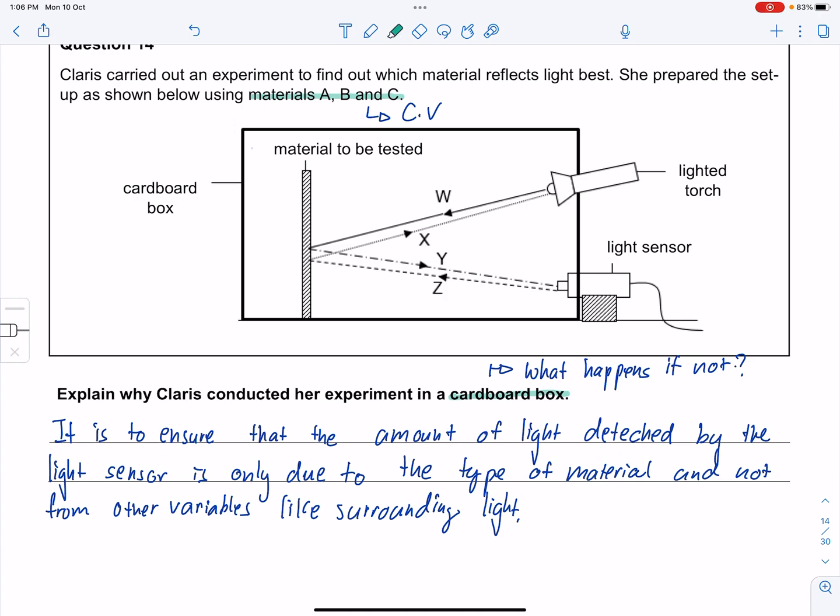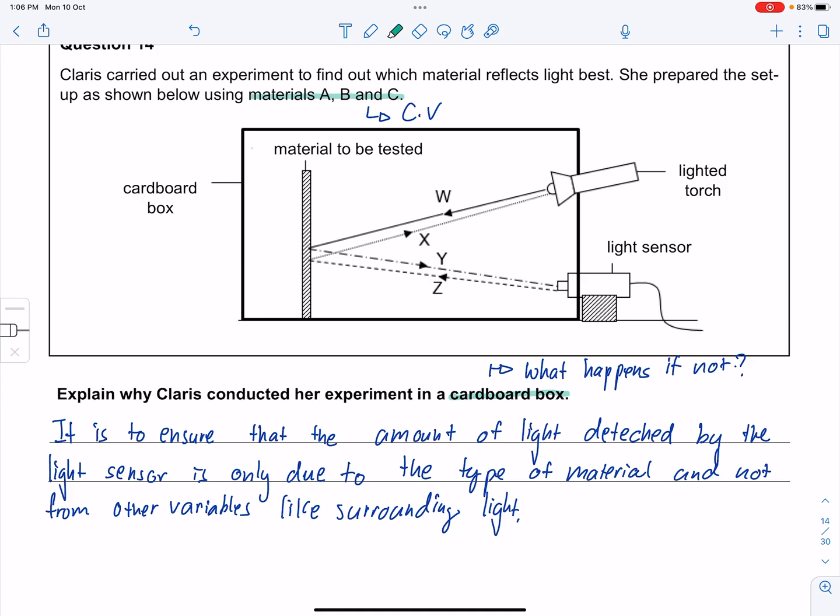So let's take a look at this answer. In order to craft this answer, you realize that this is exactly what I've been telling you earlier, which is to ask the opposite question. What happens if you do not conduct this experiment in a cardboard box? You realize that you will then detect light from elsewhere.